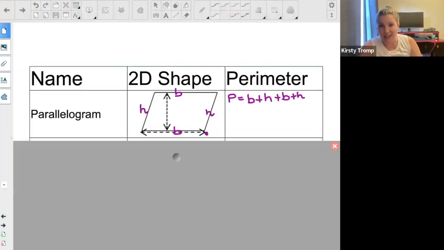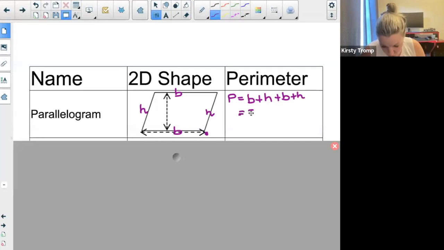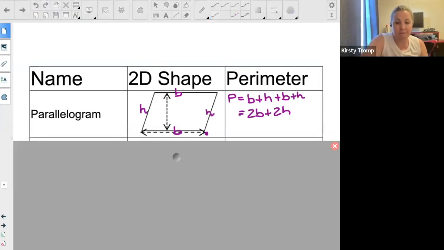Guys, there's nothing wrong with saying that. Some teachers will say you shouldn't write it like that, that's how you wrote it in primary school. You'll still get your mark. Or you can write 2 bases plus 2 heights.